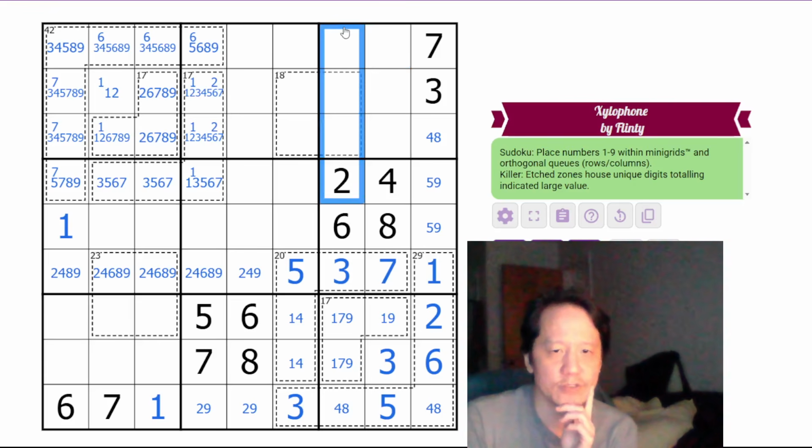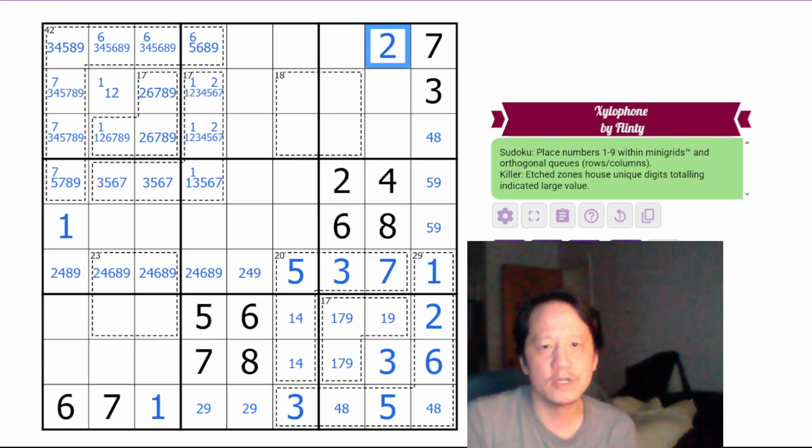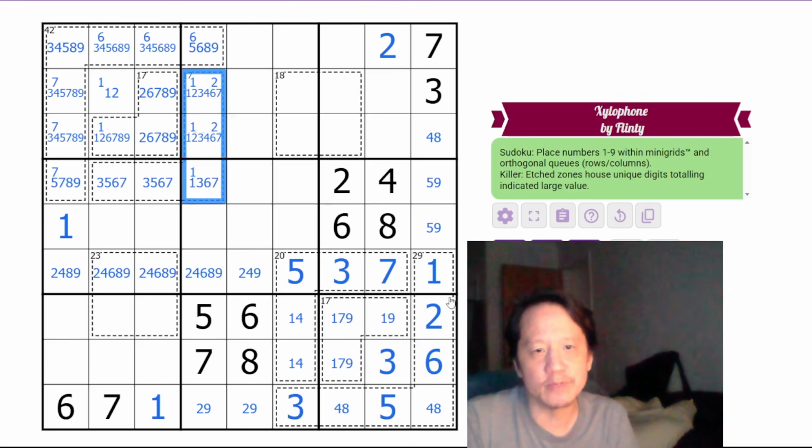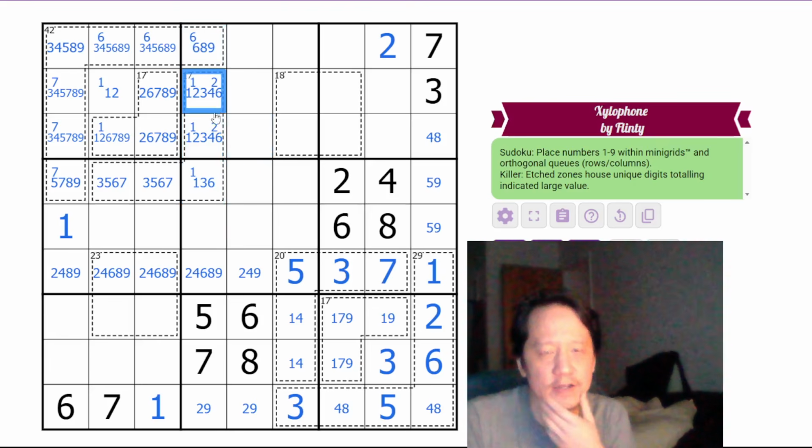It cannot be 2 here, so 2 has to be here. Okay. None of 5 or 7 can be here. And this can't be 5.